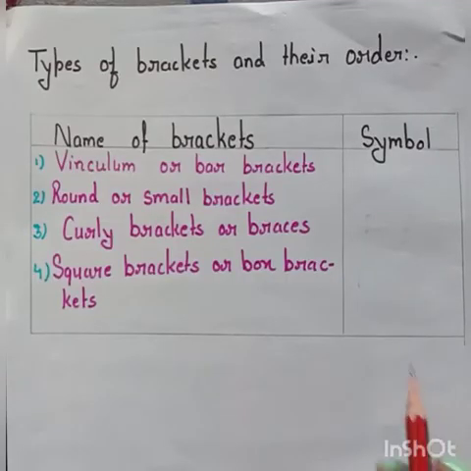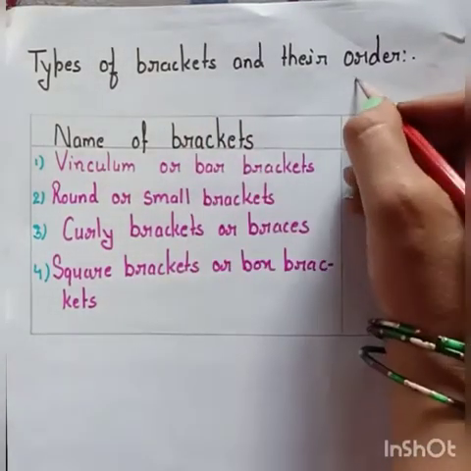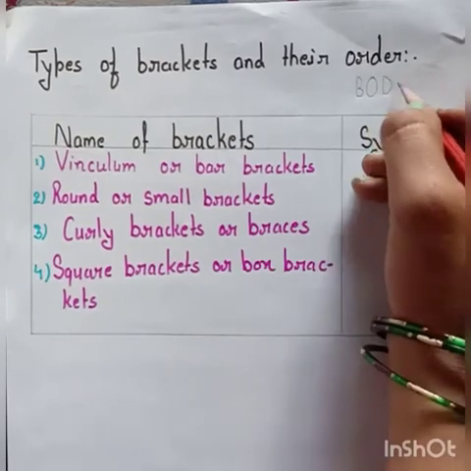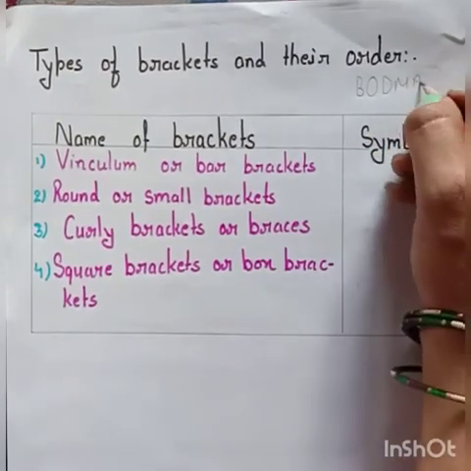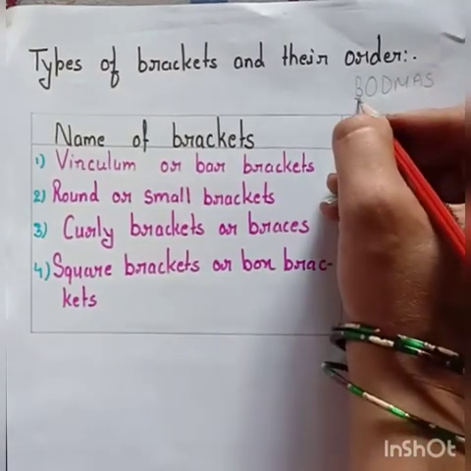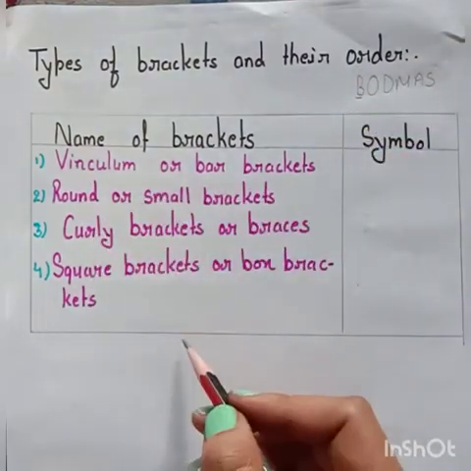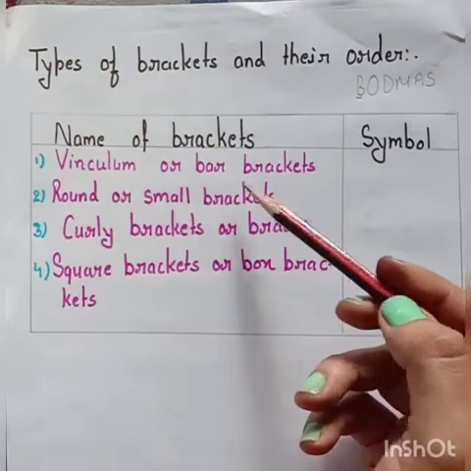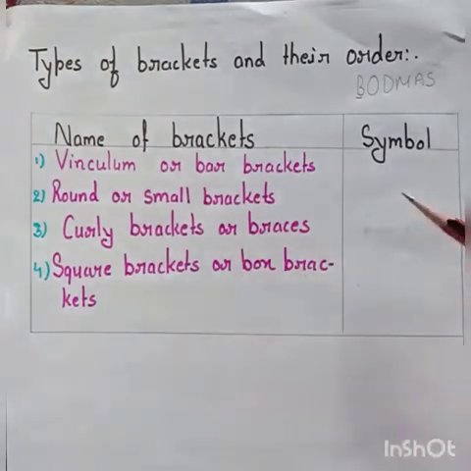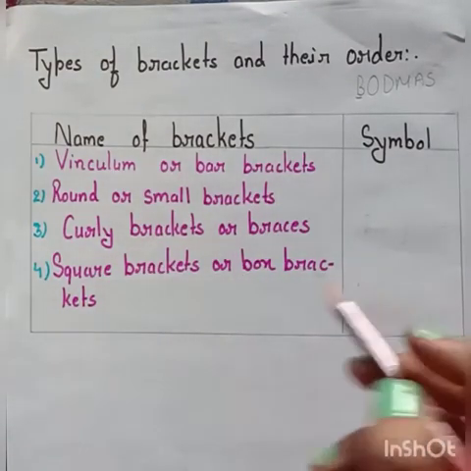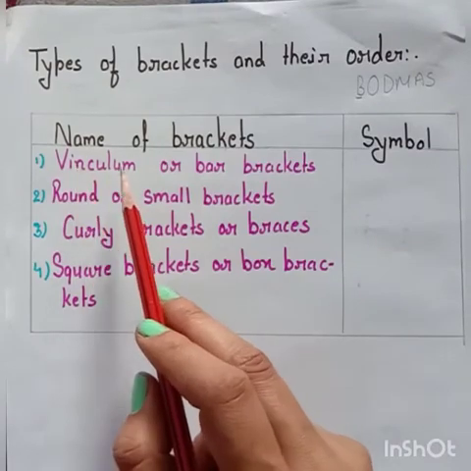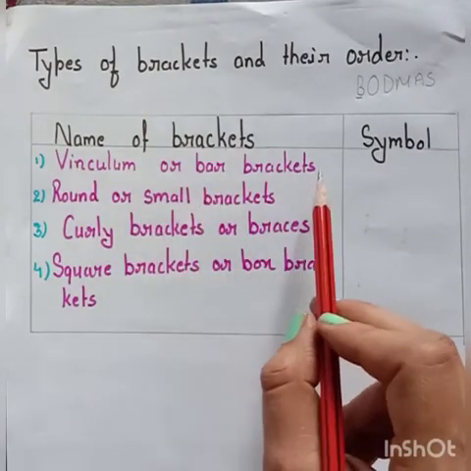Now in BODMAS, we had B, O, D, M, A, S. I told you B stands for bracket. Now I have made a table in which I have written the different names of different kinds of brackets, and I will be telling you their symbols. First is the vinculum or bar bracket.